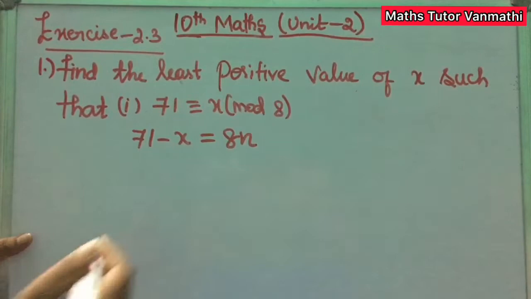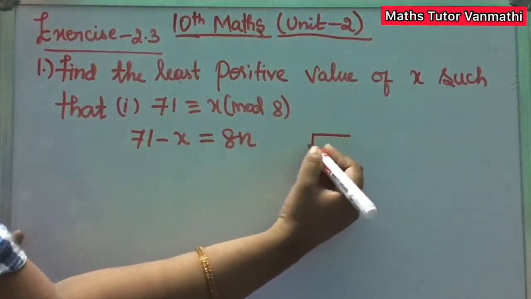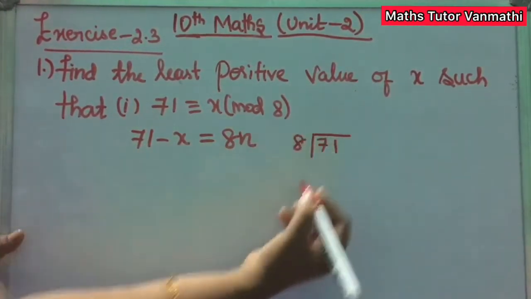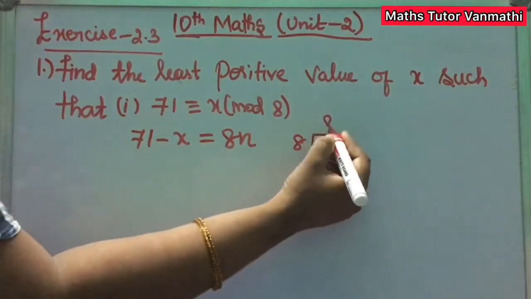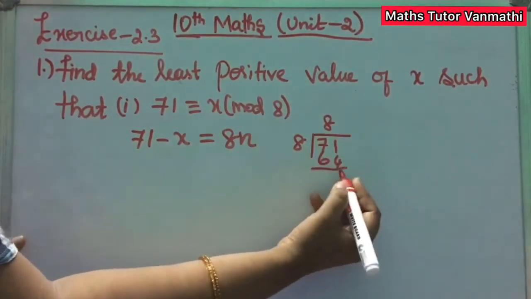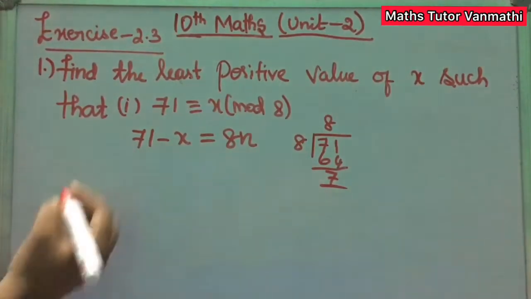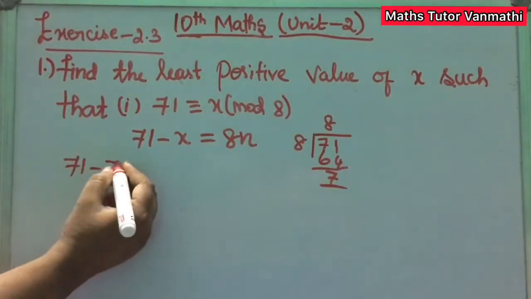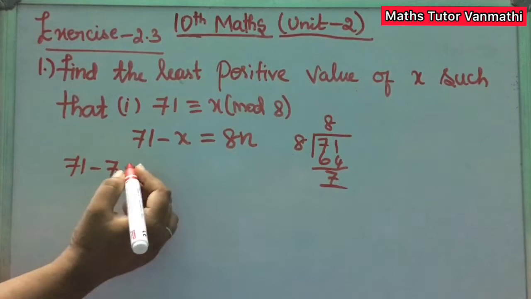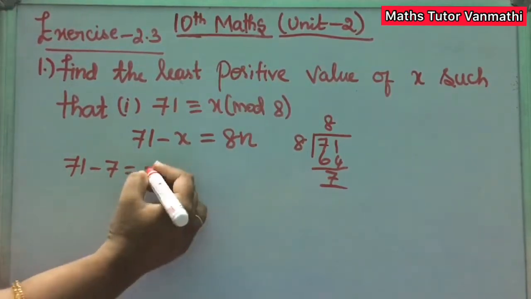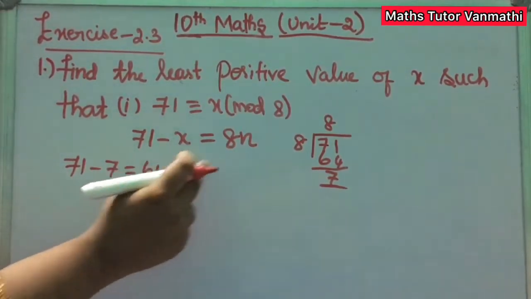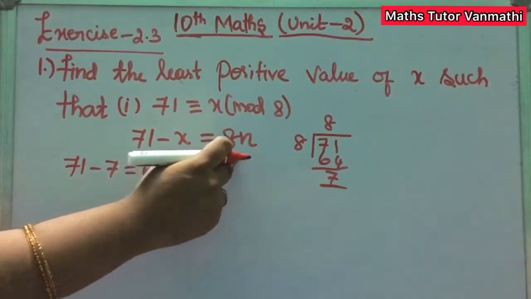Now dividing 71 by 8, what will you get? 8 8s are 64, and your remainder is 7. You check 71 minus 7, what will you get? 64. 64 is a multiple of 8.